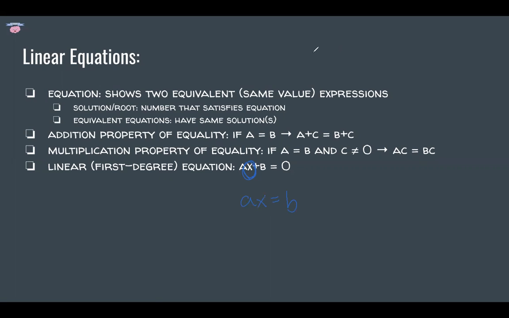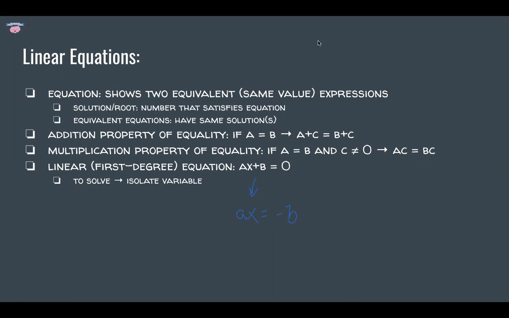It's actually easier, because to solve an equation, you have to first isolate the variable. So in this case, we'll turn this into ax is equal to negative b. In the other form, ax is equal to b, the variable is already isolated.